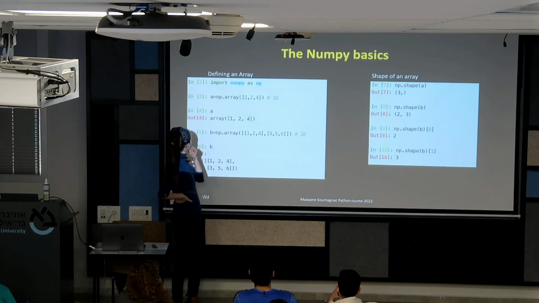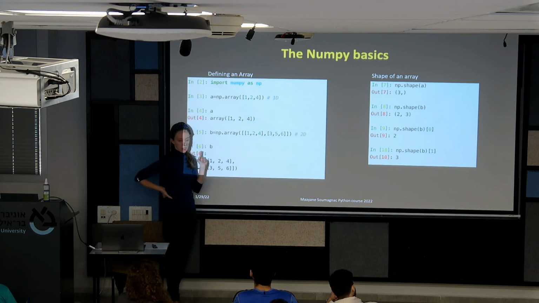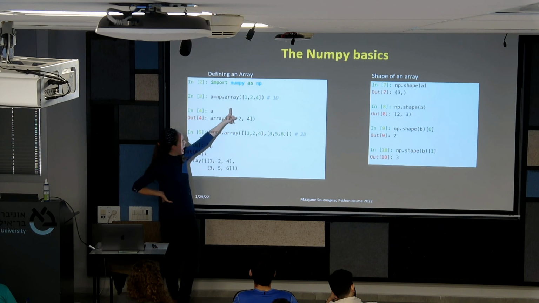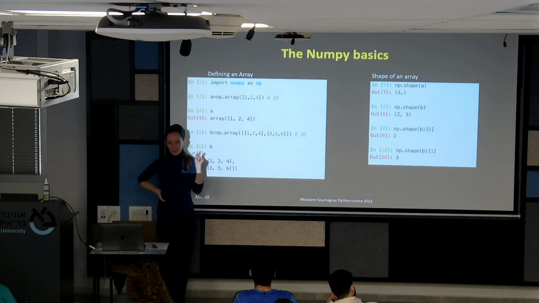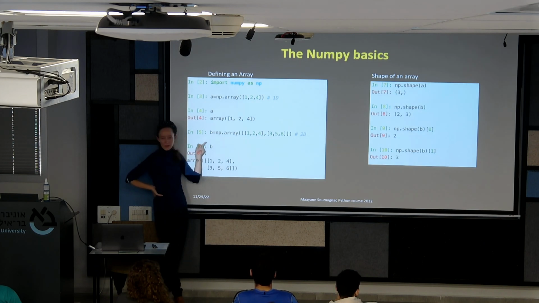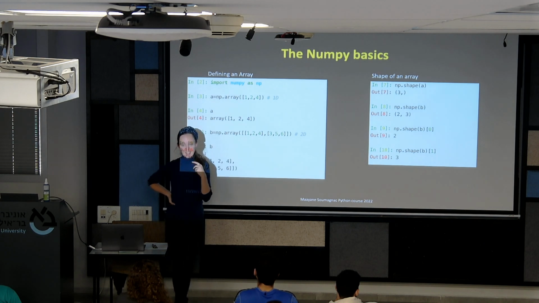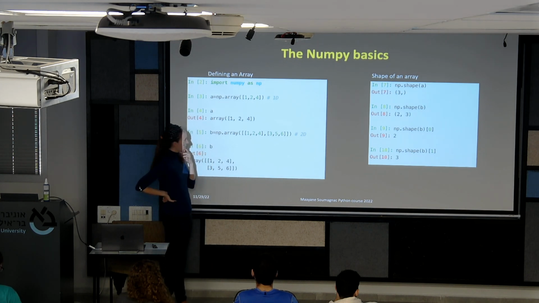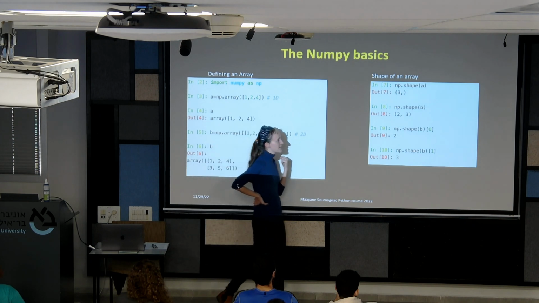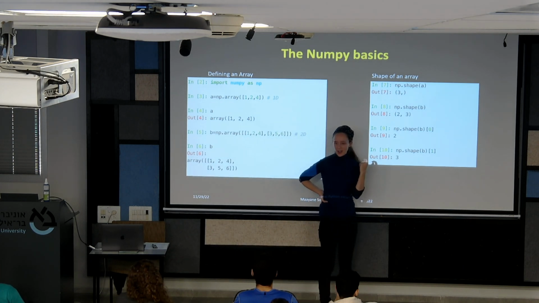Okay, so I'm not going to show you this on PyCharm because this we did last time. Okay, we saw how to build a 1D array. You remember? Okay, and we saw that we can also build a 2D array. Of course, you can build an ND array if you want. It would just be much harder to visualize. And we saw that you can access the shape of these arrays.